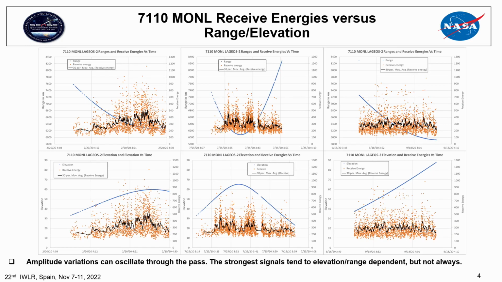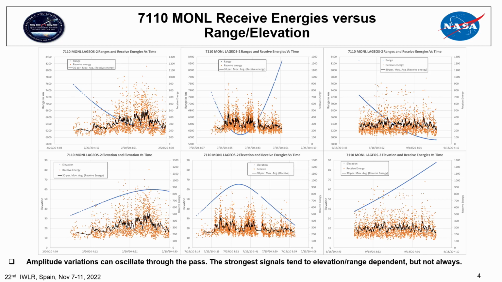This is MOBILES 4 receive energies on LAGEOS 2, where I selected 3 LAGEOS 2 passes from 2020 when they were ranging at 5 hertz. On the top set of plots, time is on the x-axis on all 6 plots.